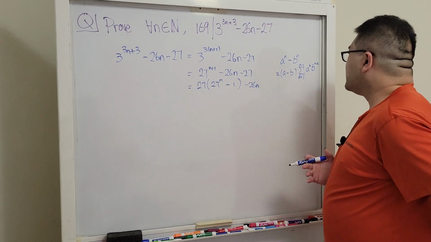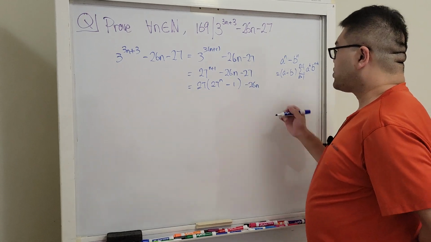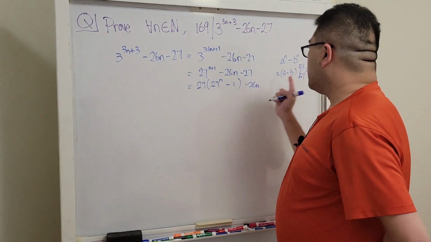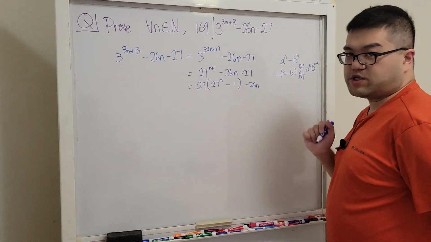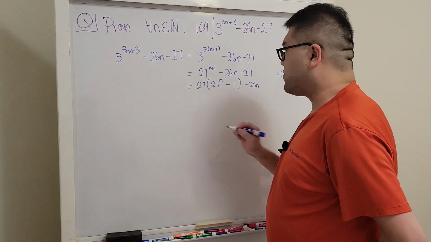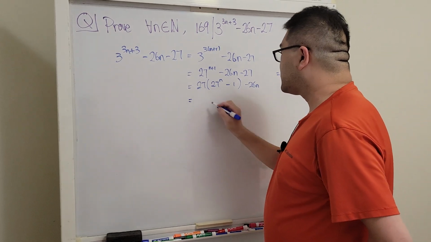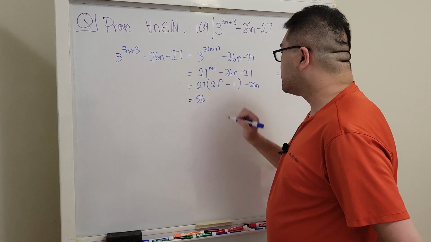So in this case, we are going to factor out a minus b, which is 27 minus 1, to get 26.